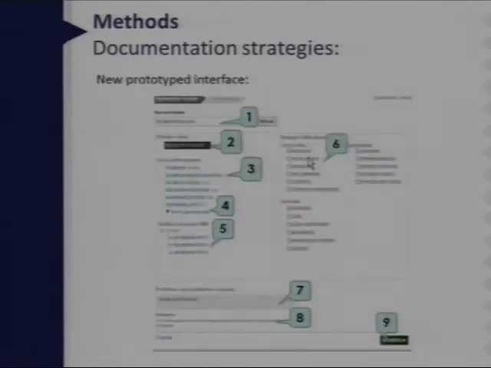The new prototype interface is quite similar. The only difference is a different organization of the data. You have the field for search, the preferred term in number 2, options in number 3, but you also have another consideration for the options.